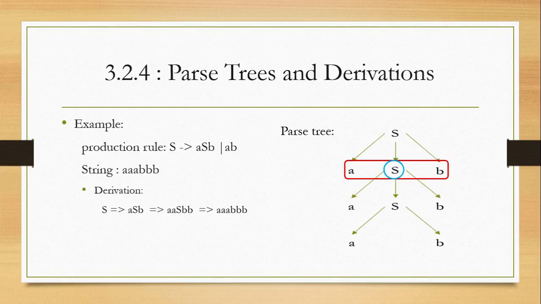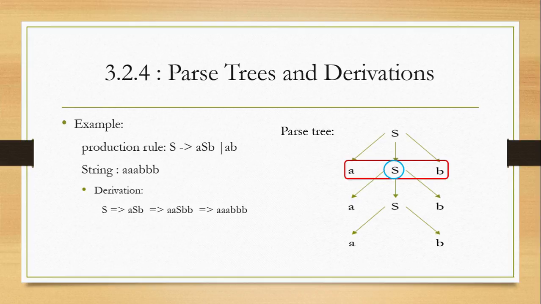For example, production S derives ASB, S derives AB, and we want to attain the string AAABBB. In the derivation, we will use production rule number 1, which is S derives ASB.